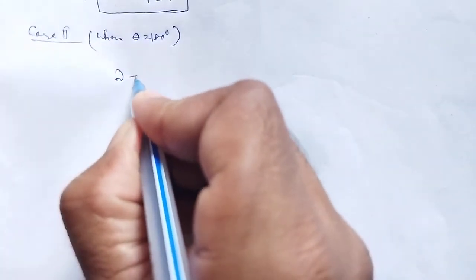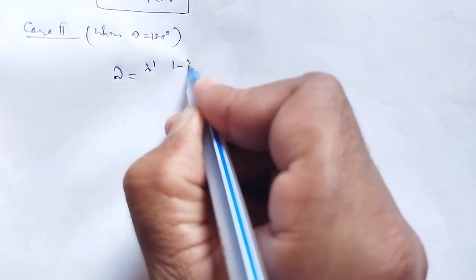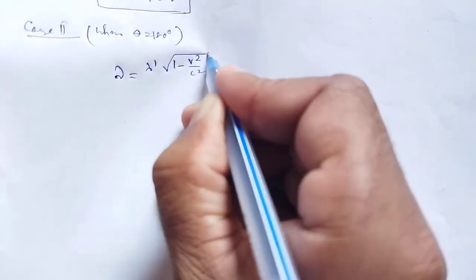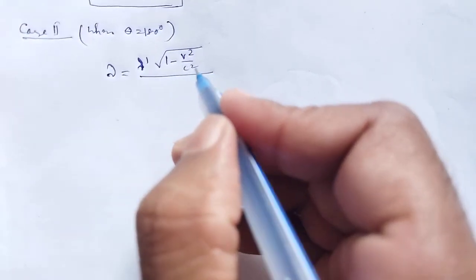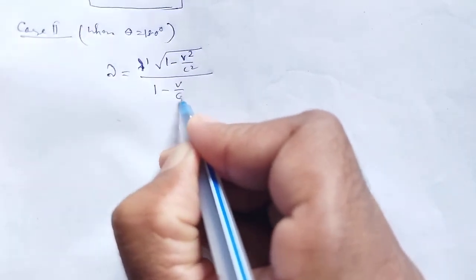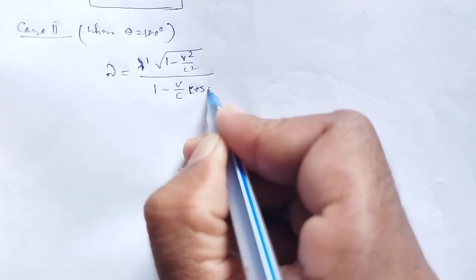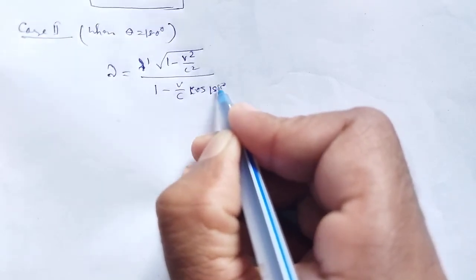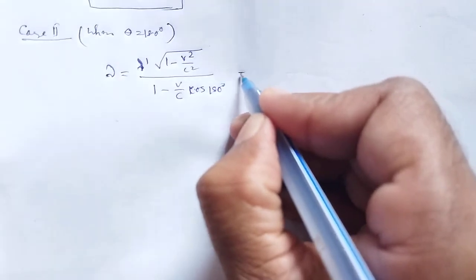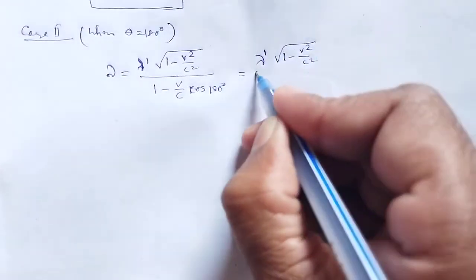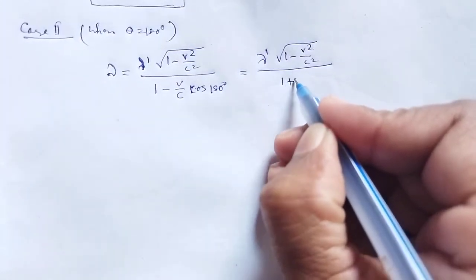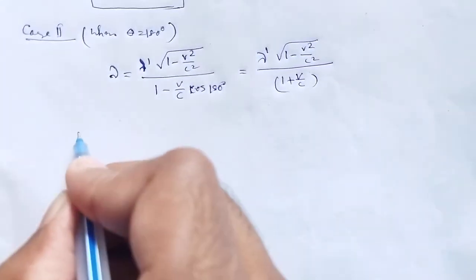Therefore, nu is equal to nu dash square root of 1 minus v square by c square, divided by 1 minus v by c cos 180 degree, that is minus 1, so nu dash square root of 1 minus v square by c square divided by 1 plus v by c.